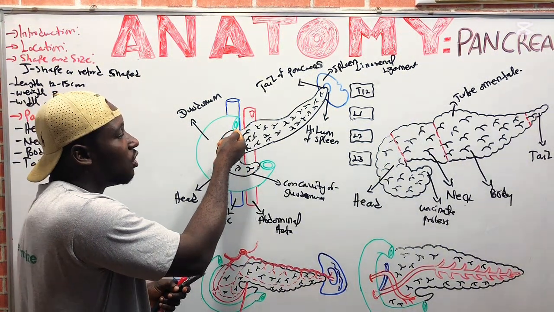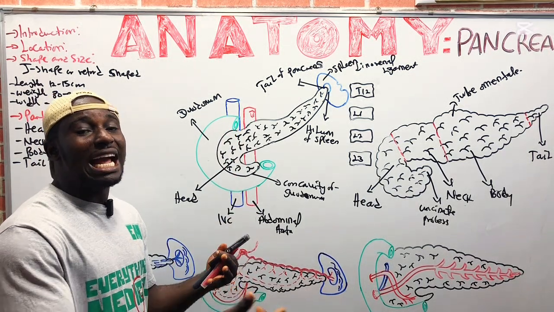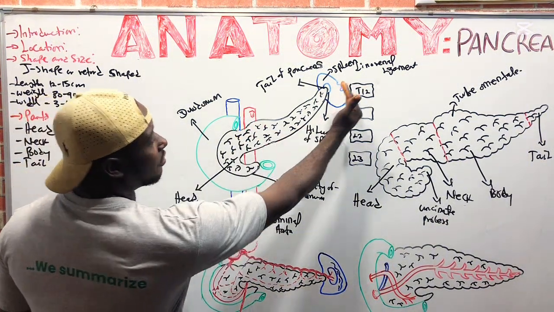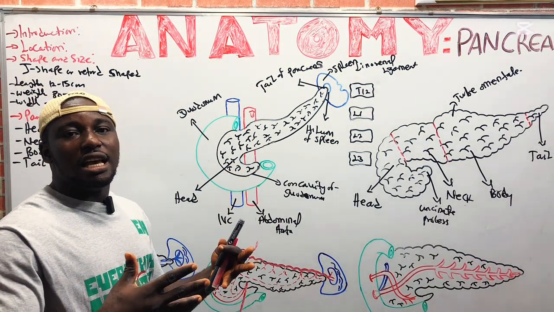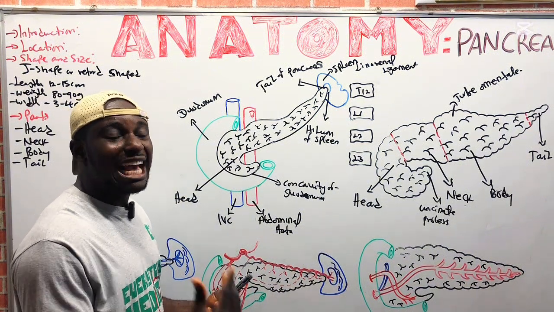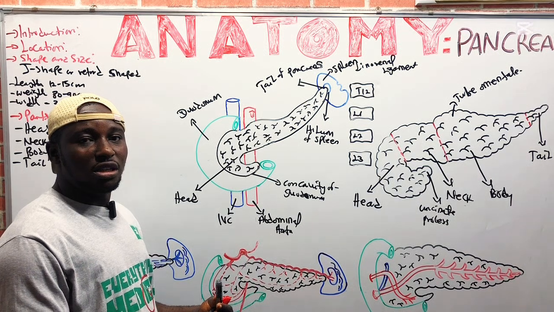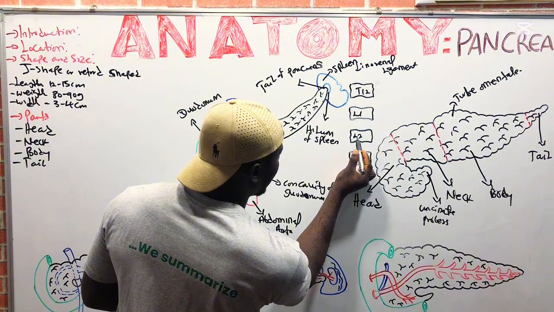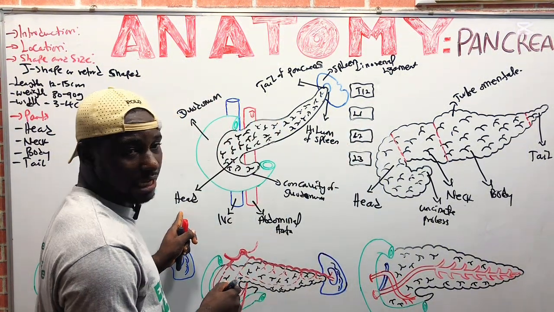This is the right aspect, while this is the left aspect of the pancreas. So the L2 vertebra is the vertical landmark according to the vertebral level of the head of the pancreas.